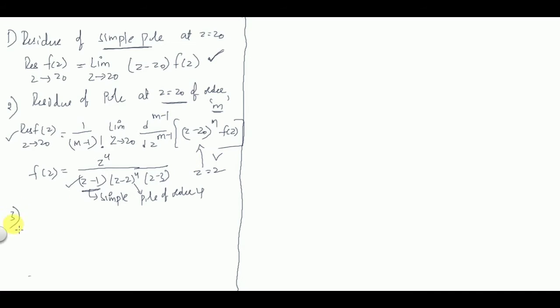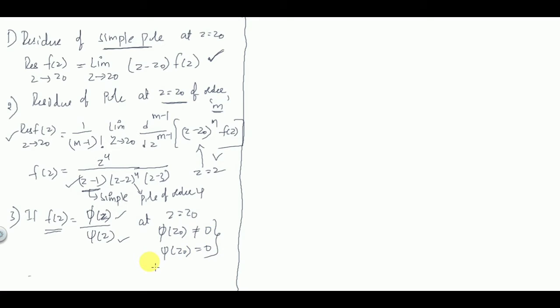Okay, next, third: if f of z is of the form phi of z by psi of z, that means f of z is a function of two different functions, phi of z in the numerator and psi of z in the denominator. And at z is equal to z0, two conditions have to be satisfied, that is phi of z0 should not be equal to 0 and psi of z0 is equal to 0.